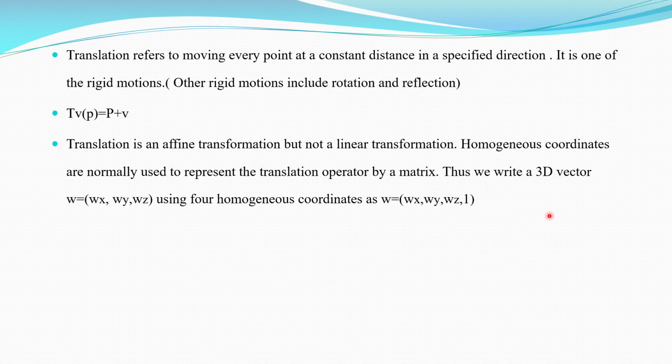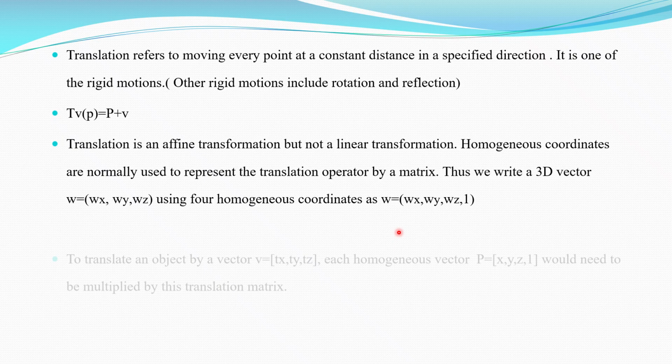Thus, we write a 3D vector, which means nothing but the coordinates. Here W we are taking as the homogeneous coordinate, that is W of x, W of y, W of z. With homogeneous it will be indicated with the 1.